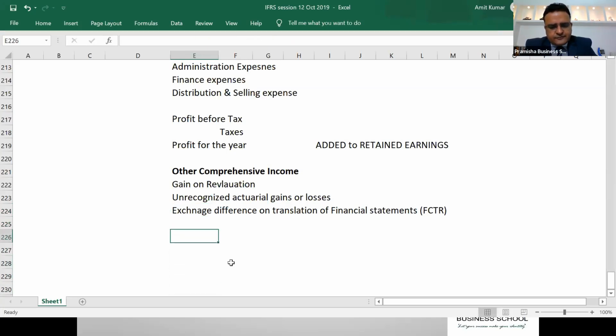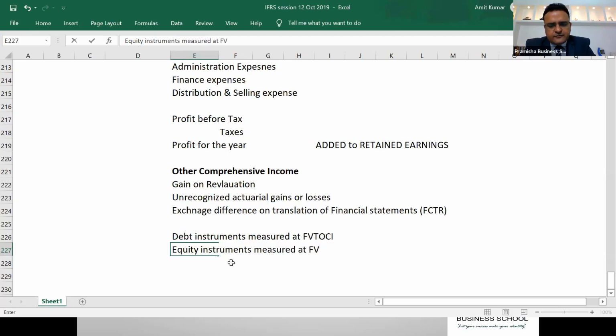There will be debt instruments measured at fair value through OCI, and equity instruments measured at fair value through OCI.